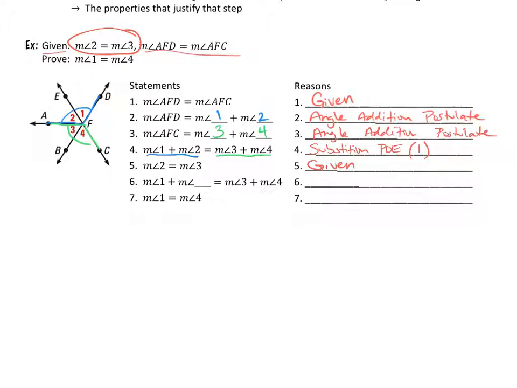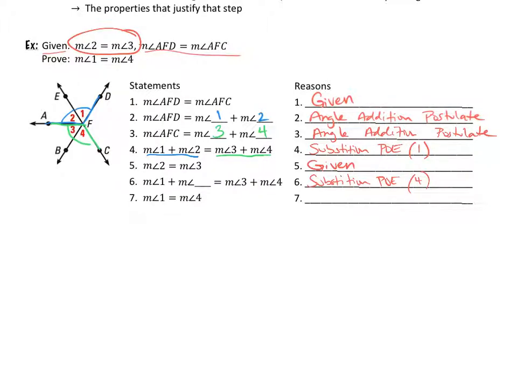In statement 6, we can see that this is something being substituted into statement 4, but we need to figure out what goes in that blank. So we can sometimes look at the step above, and what was measure of angle 2 is now a blank, and statement 5 says the measure of angle 2 equals the measure of angle 3, so that's likely what we did.